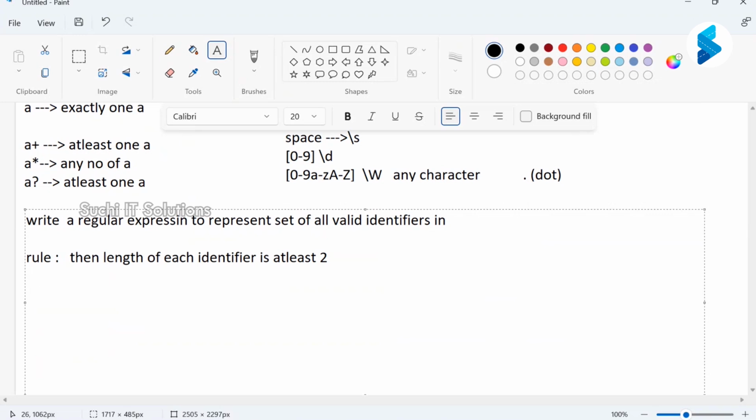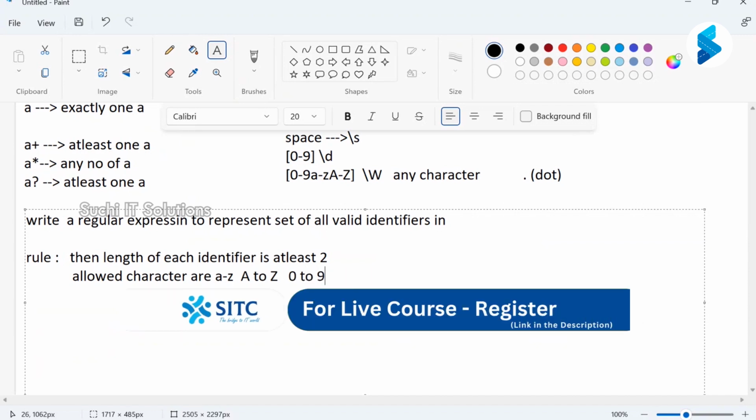The allowed characters are small a to z, capital A to Z, 0 to 9, dot, and underscore. These are the special characters I'm using. My next condition is that the first character should not be a digit.